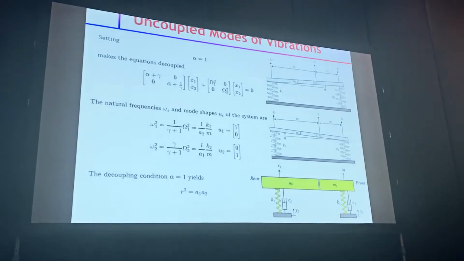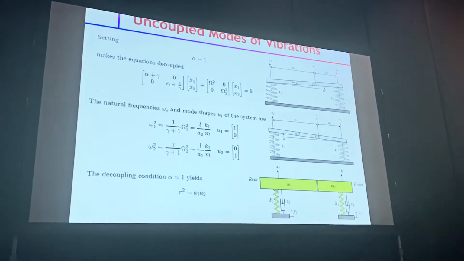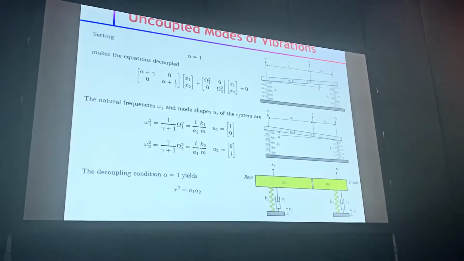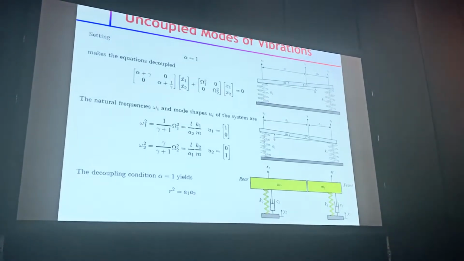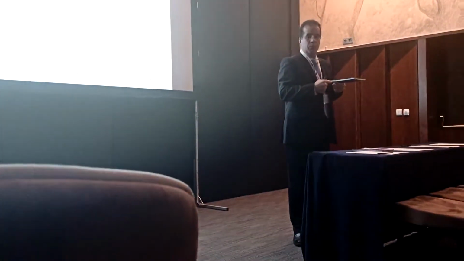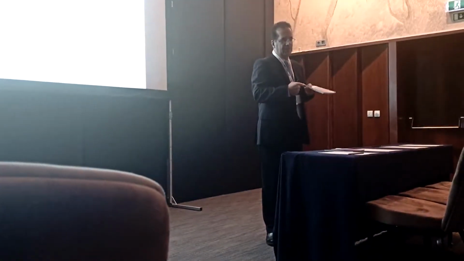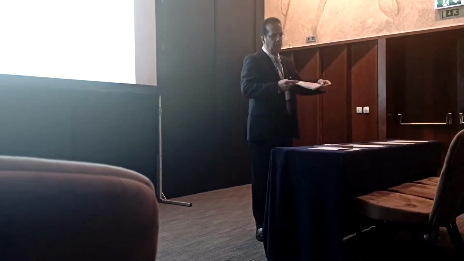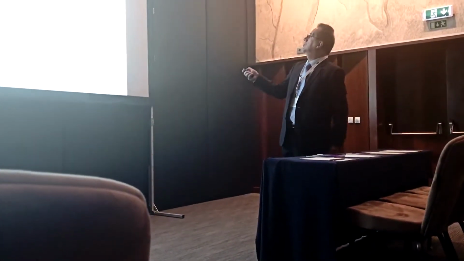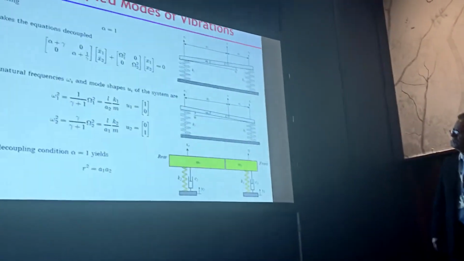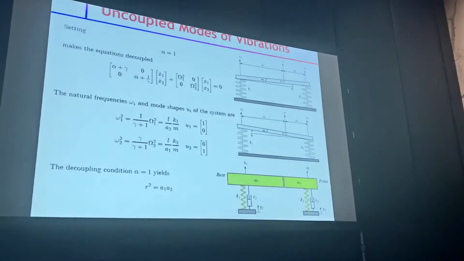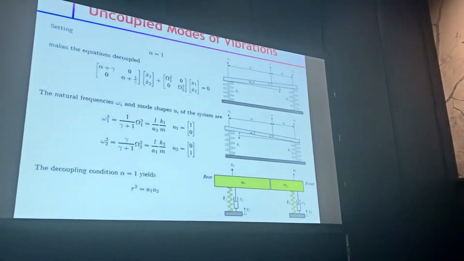The front and rear are totally independent, and the mode shape of the system would be 1, 0, 0, 1. It means in the first mode of vibration, the car is vibrating with the rear axle at the center of rotation, and then with the back, the front axle would be the center of rotation. These are the mode shapes, as you can see. Very interesting fact, and it says that what Ole found based on experiment works very well.